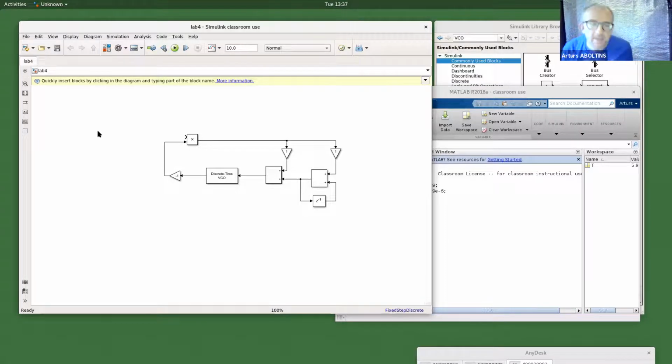And here I feed the reference signal for fine-tuning this loop. It ensures that the frequency of the signal coming to this port and the generated frequency are exactly the same, and the phase is exactly the same.